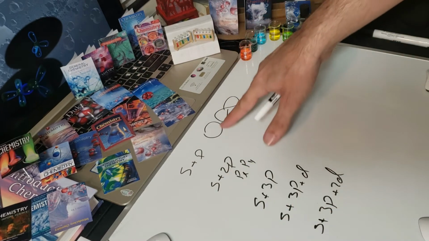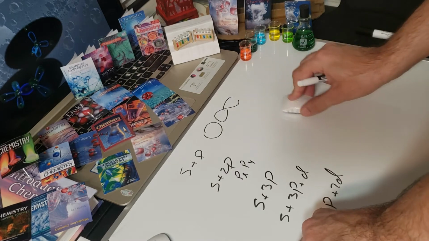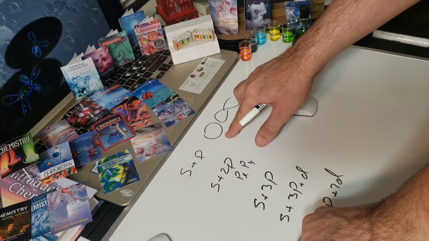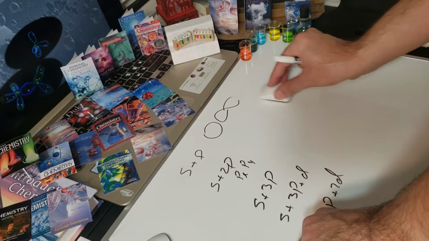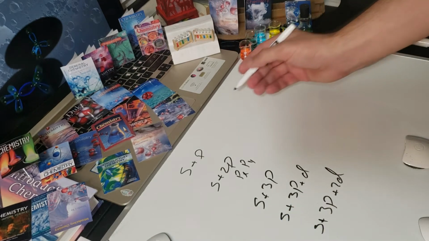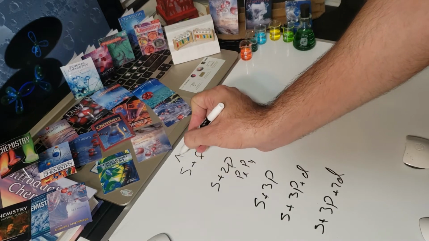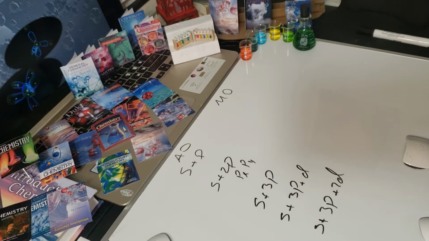A p is elongated. When you mix them, the number of orbitals you mix is going to produce the same number of molecular orbitals. This we call MO, and this we call AO, so atomic orbitals and molecular orbitals.